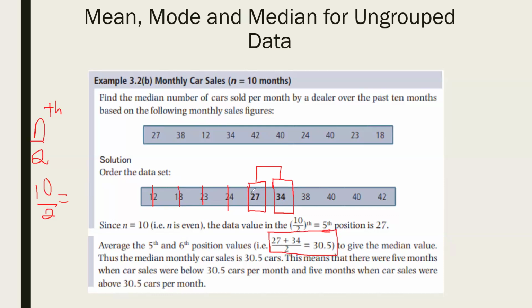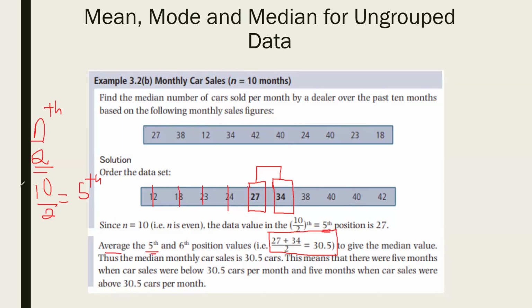And we got 30.5. So you average the 5th position, the one that you find by saying n over 2, with the value on the next position. If 5th was the position that you got, then you go to the next position, you take the value, and then you average the 2.